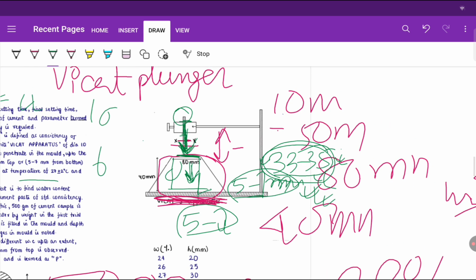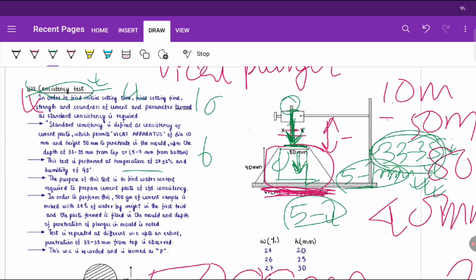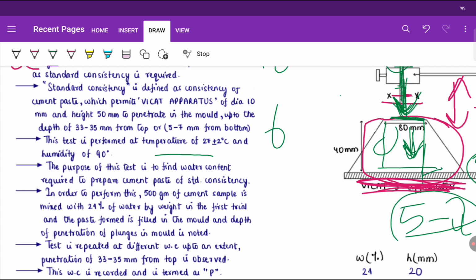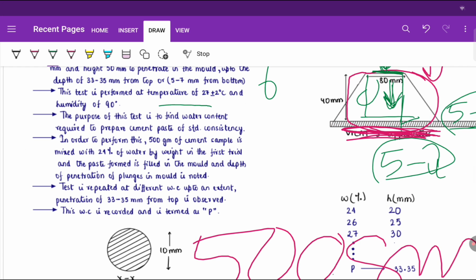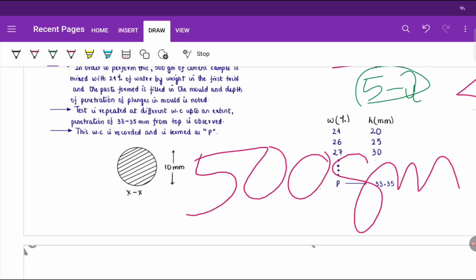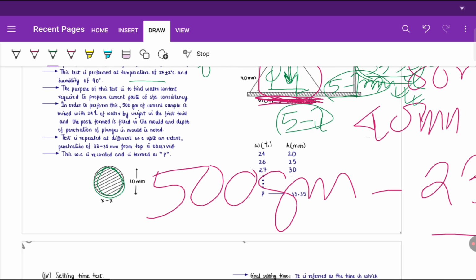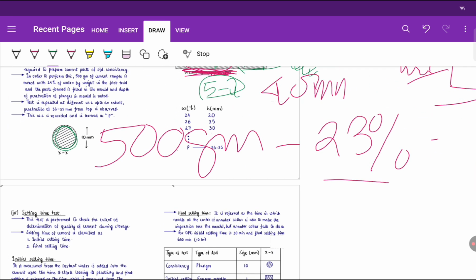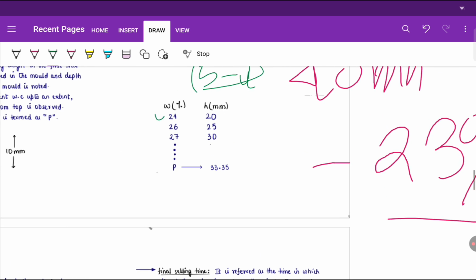This is the plunger surface area, cross sectional view. Now you can see that first of all we added water here.